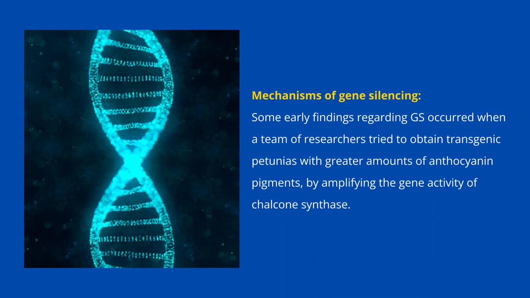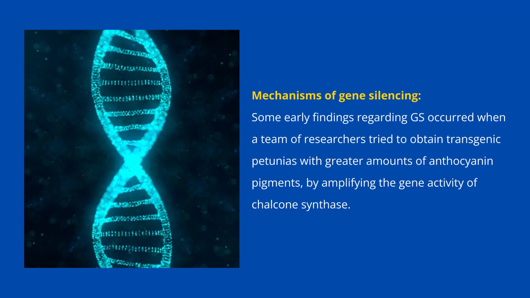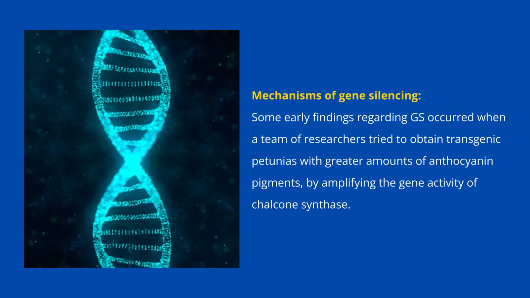Some early findings regarding gene silencing occurred when a team of researchers tried to obtain transgenic petunias with a greater amount of anthocyanin pigment. This was the pigment responsible for producing color in the flower, by amplifying the gene activity of an enzyme, chalcone synthase.